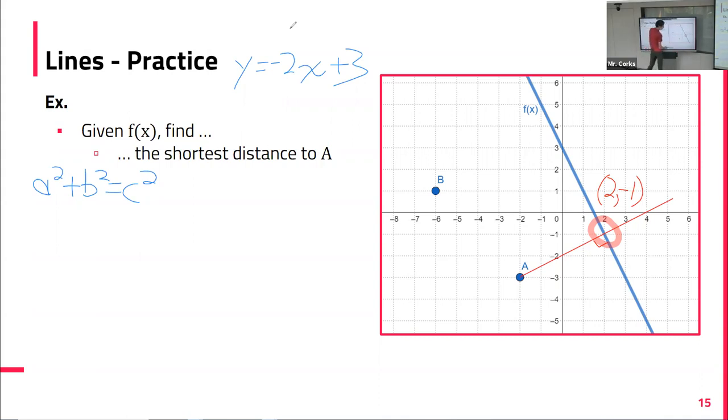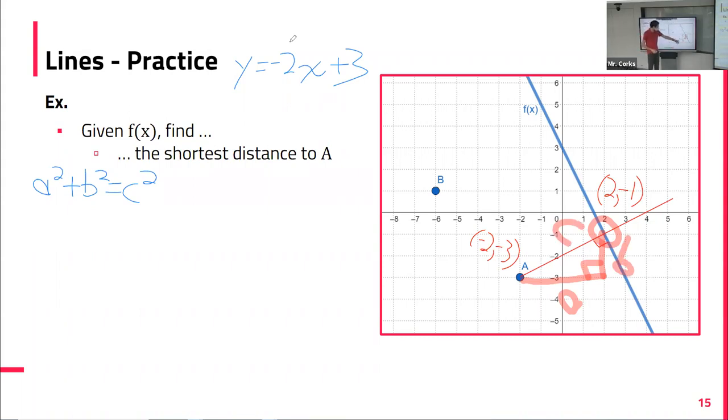And then A here, we remember this was -2, -3. So there's the triangle. Call that A, call that B, and C. And then we can figure out our distance from that.